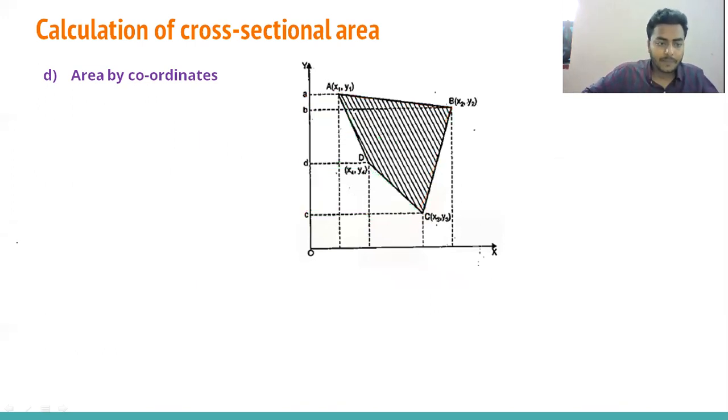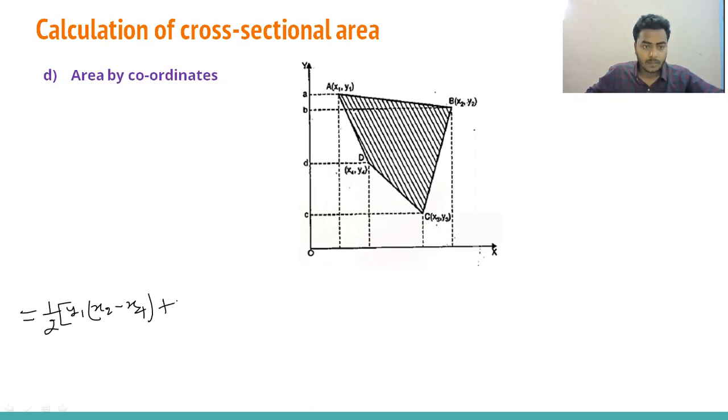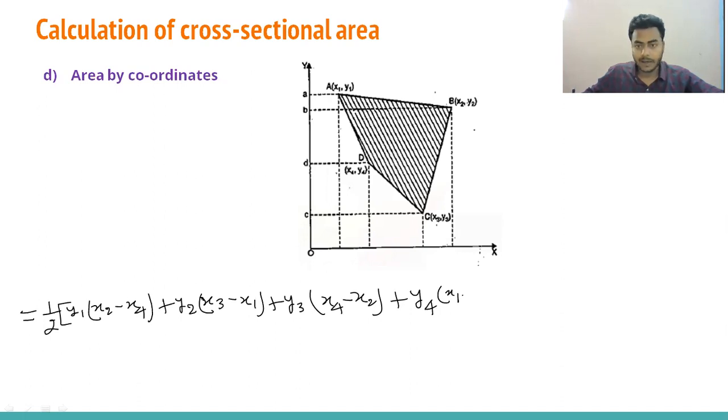So we get the final result, which I am writing directly: half into y1 into (x2 minus x4) plus y2 into (x3 minus x1) plus y3 into (x4 minus x2) plus y4 into (x1 minus x3).